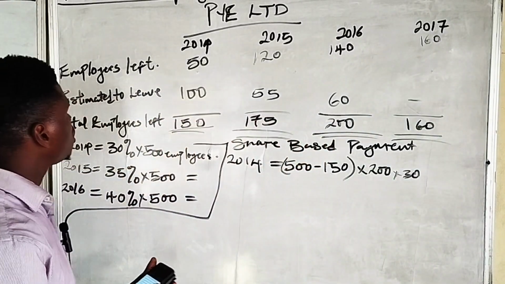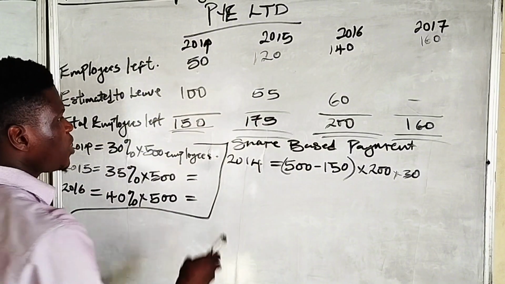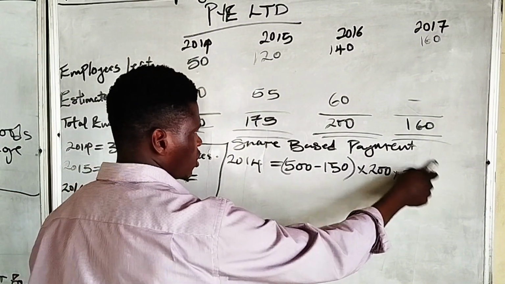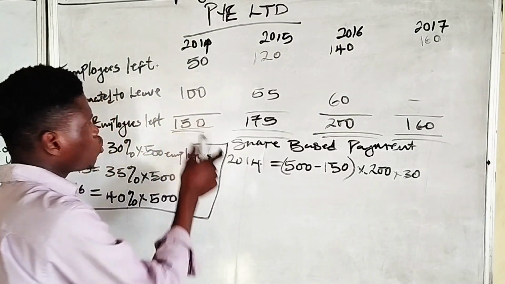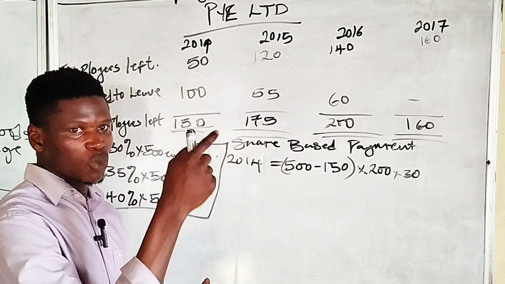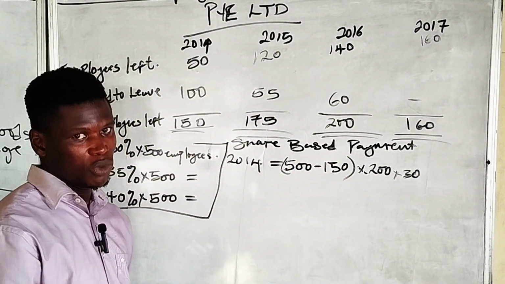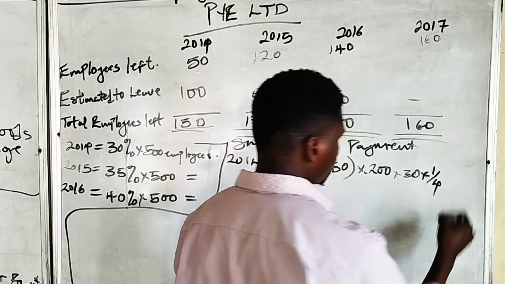Then 2014 is just a year out of 4 years. So they will not be entitled to the whole amount in 2014. They will only be entitled to a quarter of the amount in 2014, because 2014 is just 1/4 of the whole period. So this is multiplied by 1 out of 4 years.